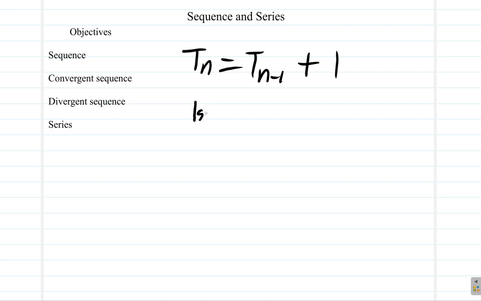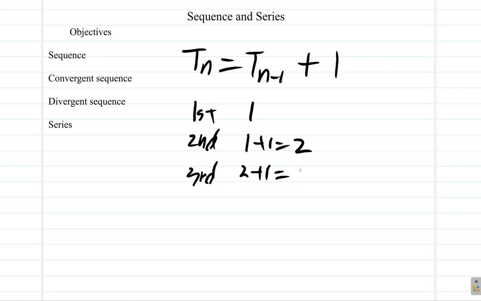The second term is the previous term 1, plus 1, which is 2. The third term would be the previous term 2 plus 1, which is 3. The fourth term is the previous term 3 plus 1, which is 4, and so on. Now, the numbers are getting bigger and bigger, so it's divergent.